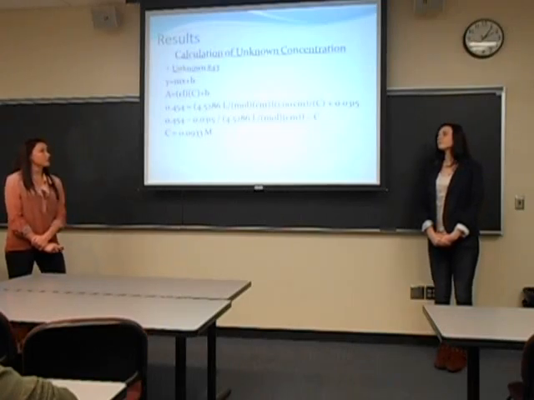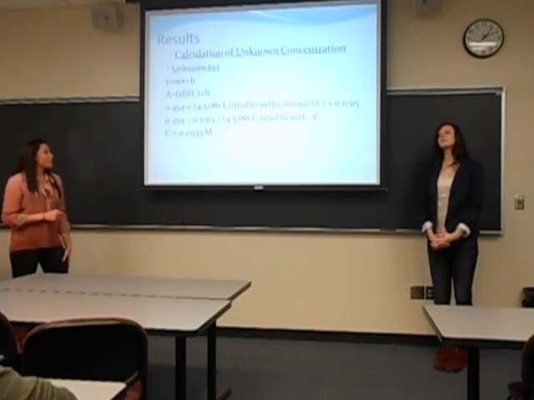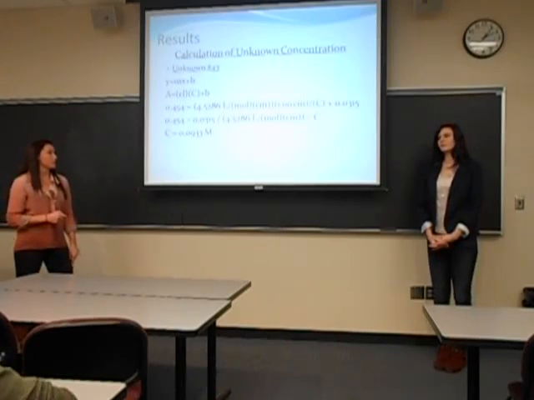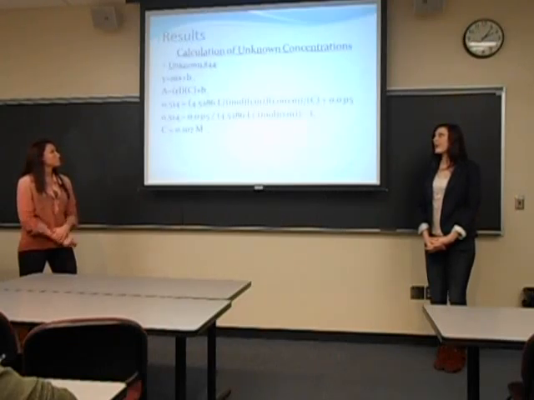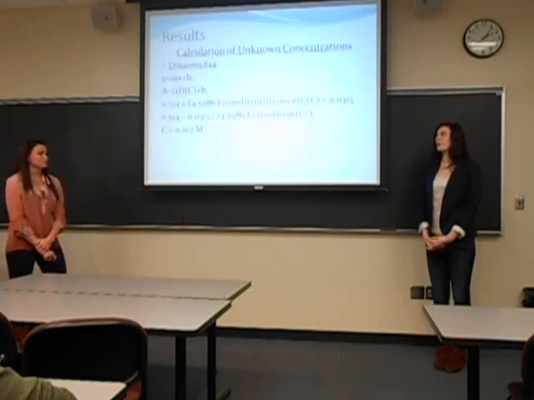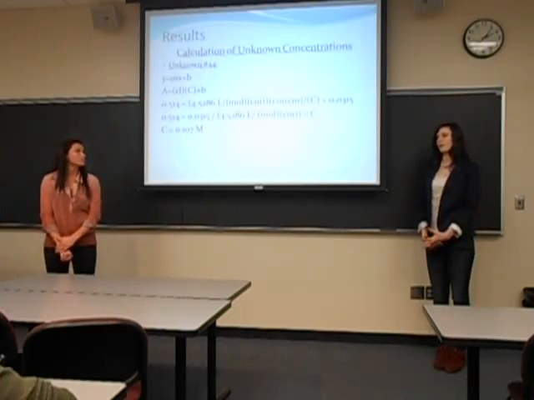So here's our calculations of the unknown, which is my unknown. As I said, we used the best fit line to find the equation, and mine came out to be 0.0933 moles over liters. For my unknown, which is number 44, we used the best fit line, which we had on the graph before.